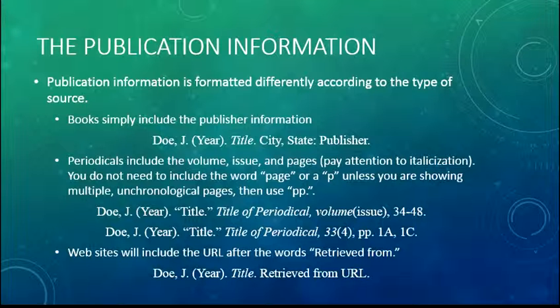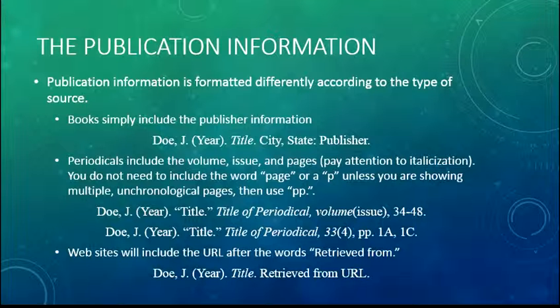Finally, I have your example here for websites. So websites are pretty simple. It's just finding all the information that you can. Make sure to go to the About Us section if you don't immediately see an author so that you can find out who this company or organization is. Because the author doesn't always have to be a person. It can be a group, an organization, or something along those lines.